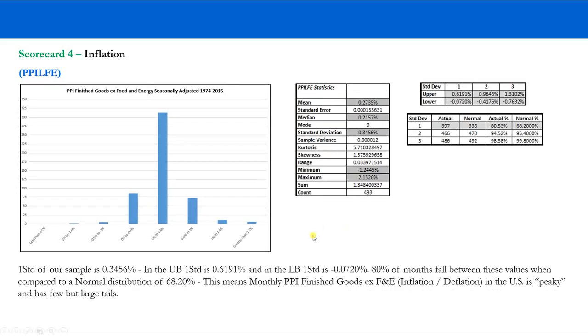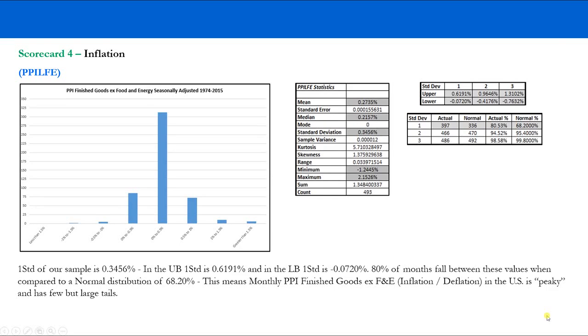Now, if we continue to look at the standard deviation statistics, we can further learn again what is considered to be normal. So what are the bounds of normality? Well, our bound of normality here, our one standard deviation of our sample, is 0.3456%, as referenced from the descriptive statistics for PPI X food and energy.